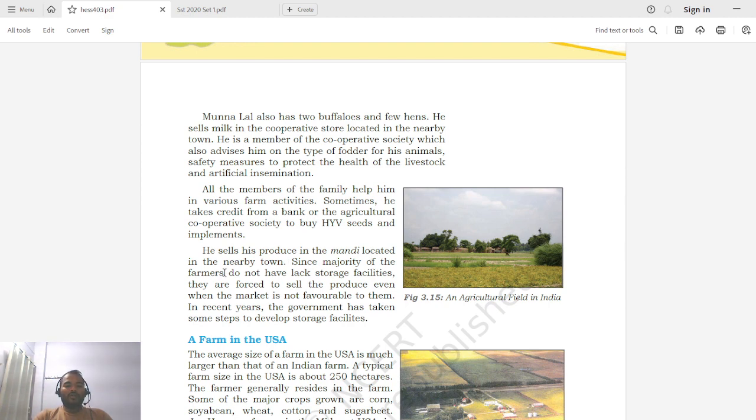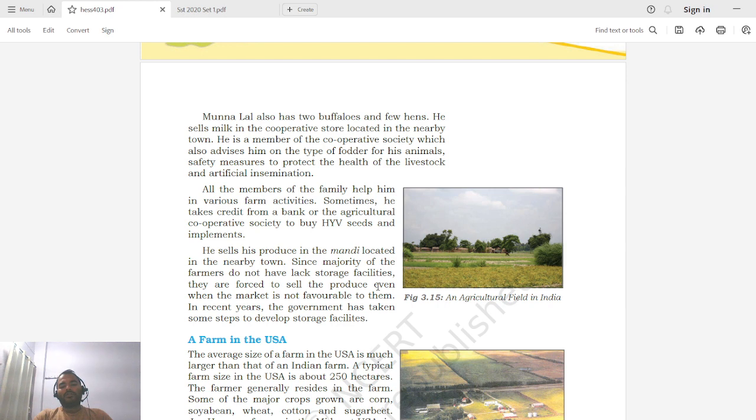Since the majority of the farmers lack storage facilities, they are forced to sell their products even when the market is not favorable to them. So in India, if you see, since the farmland is small, it is very difficult even to maintain storage facilities.